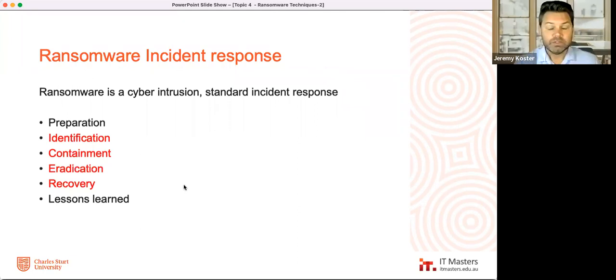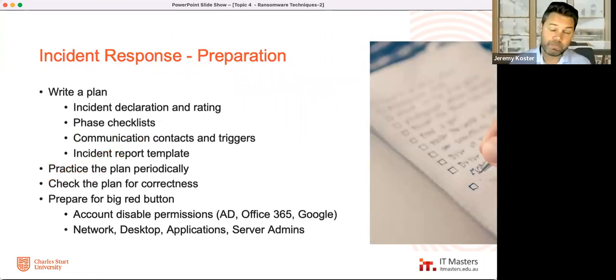So for the preparation, we basically want an incident response plan, okay? And that's something every organization should have, where we have an idea of what we want to do when an incident occurs in our organization, and we will have some playbooks for different incidents that this will be relevant to.